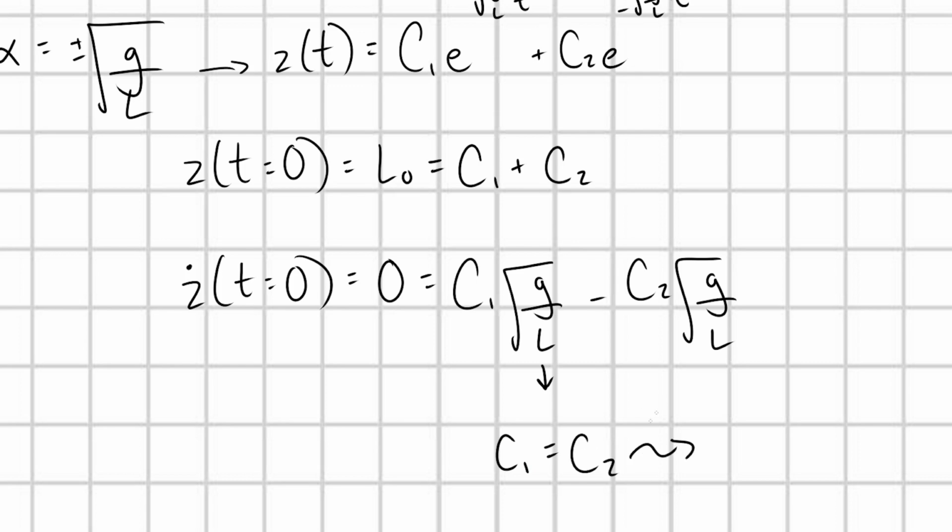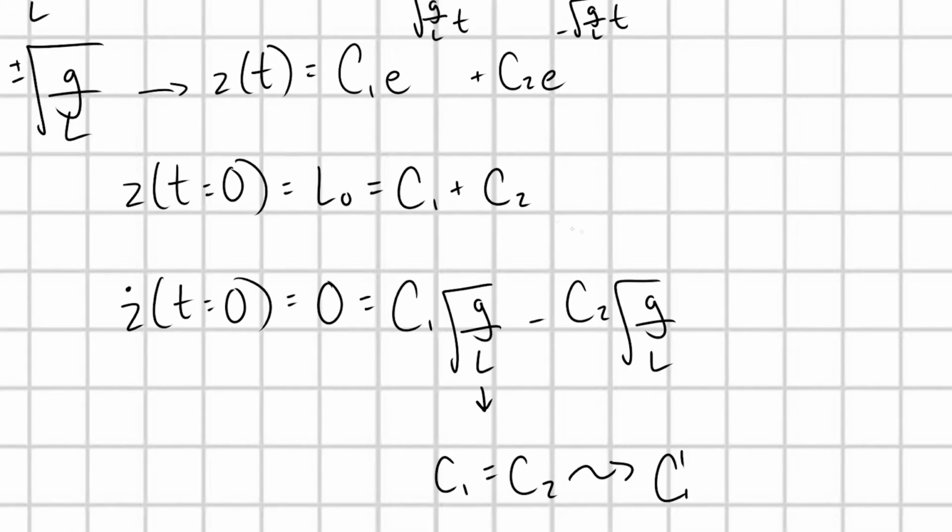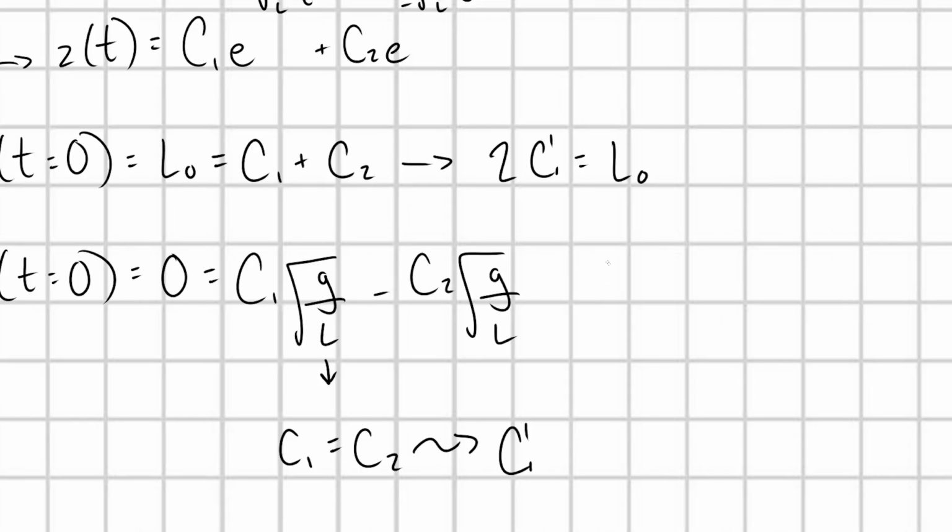Let me just call that fancy c for right now, right? So that really means that this top equation reduces down to 2 times the fancy c is equal to L naught. And so to be super clear about this, our conclusion here is that c1 is equal to c2 is equal to L naught over 2.